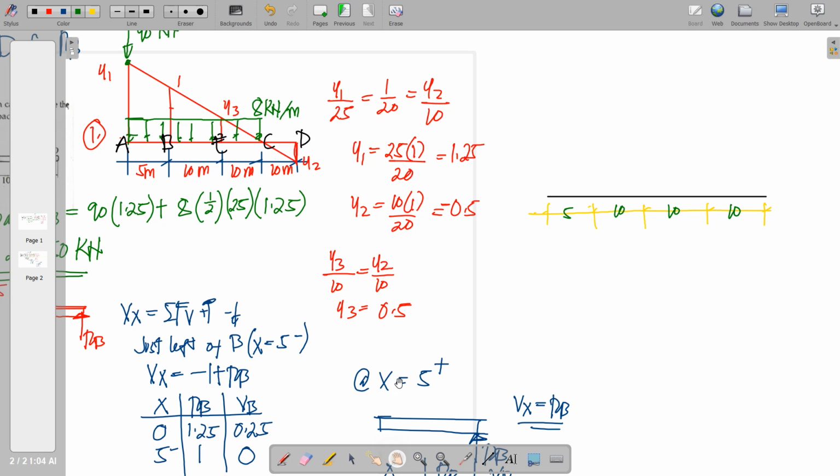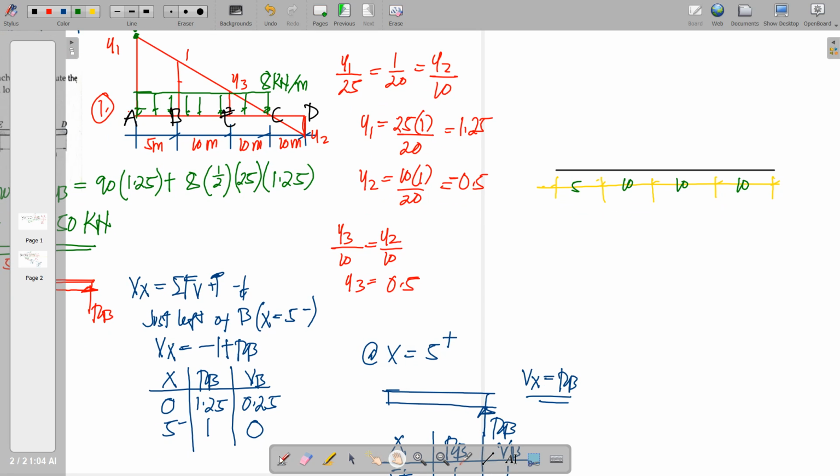So when X is 0, your shear at B, let us label this as the ILD for VB, is equal to 0.25. So that is a positive value, 0.25. And when X is 5, your ILD will be equal to 0. So it will yield 0 here.